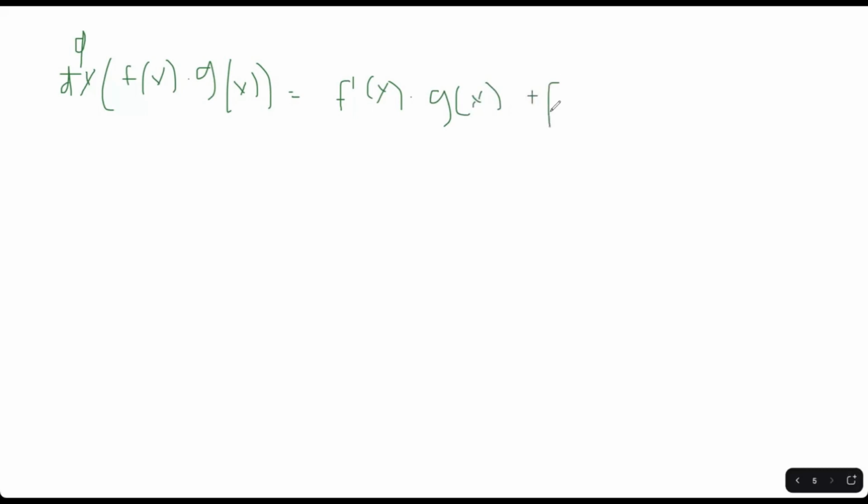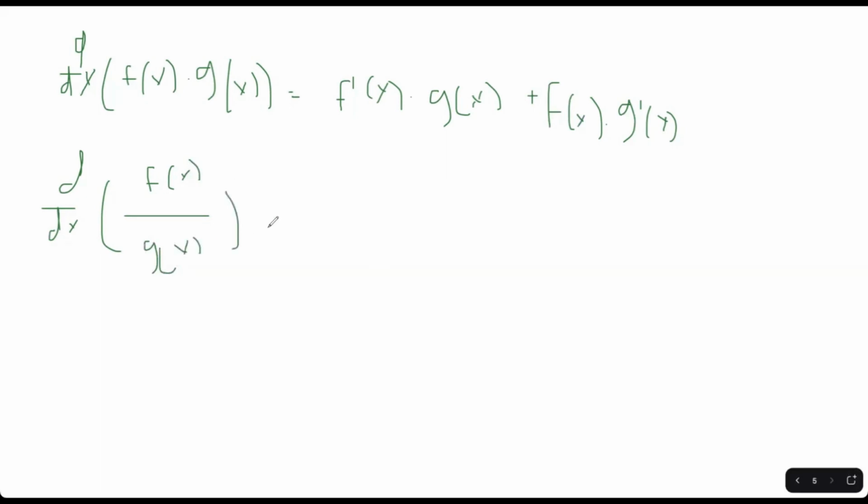Product rule, if you have the derivative of a product of 2 functions, f of x times g of x, your answer is going to be f prime of x times g of x plus f of x times g prime of x. Similarly, if you have the derivative of a quotient of 2 functions, it's going to be actually a bit more complicated than with a product.